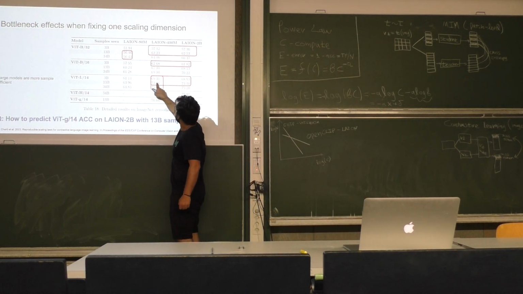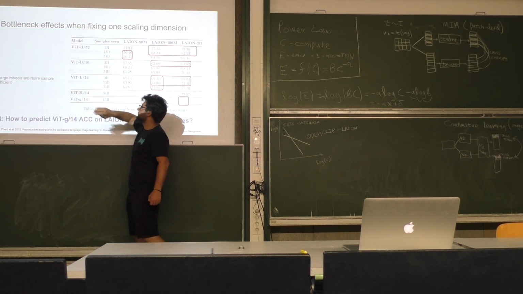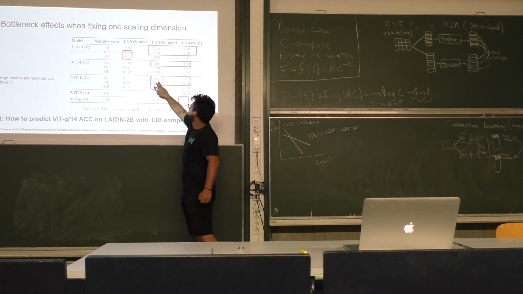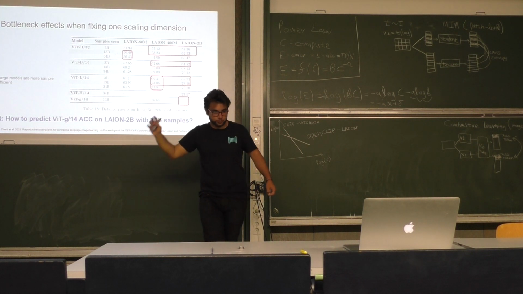And you can already see this even with a large version of the vision transformer, which has more than 100 million trainable parameters. So here you can see that there is this bottleneck.